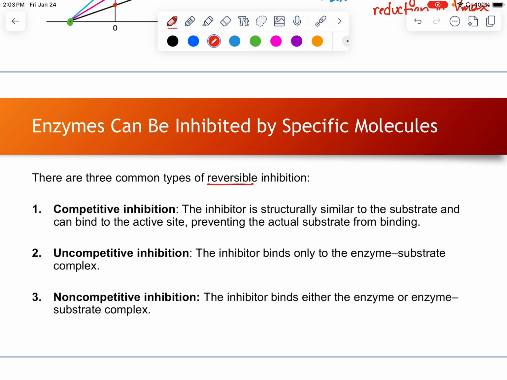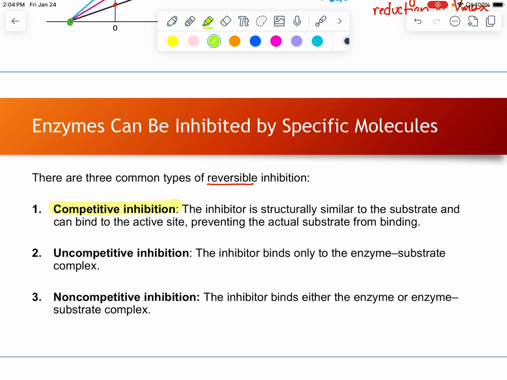We are going to talk about competitive inhibition, and this is one where the inhibitor molecule is similar to the substrate and can bond at the active site. So they're competing for the active site. Once the inhibitor's there, the substrate can't bond. There's no space for it.